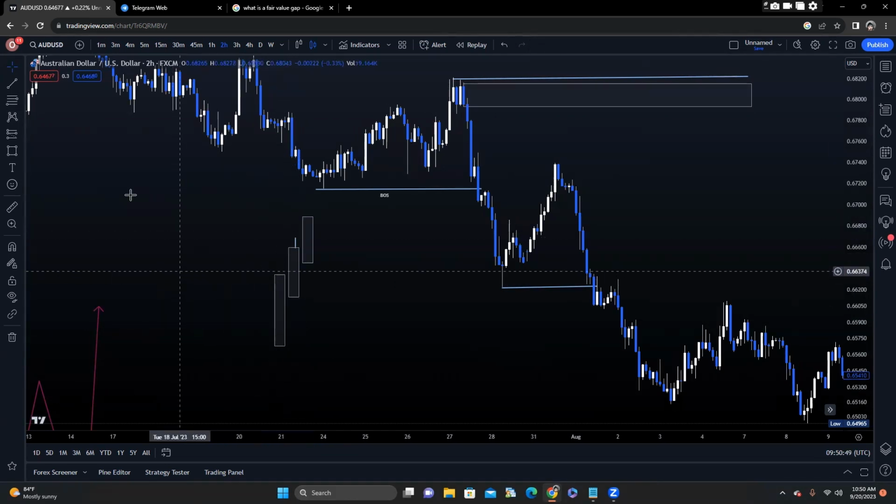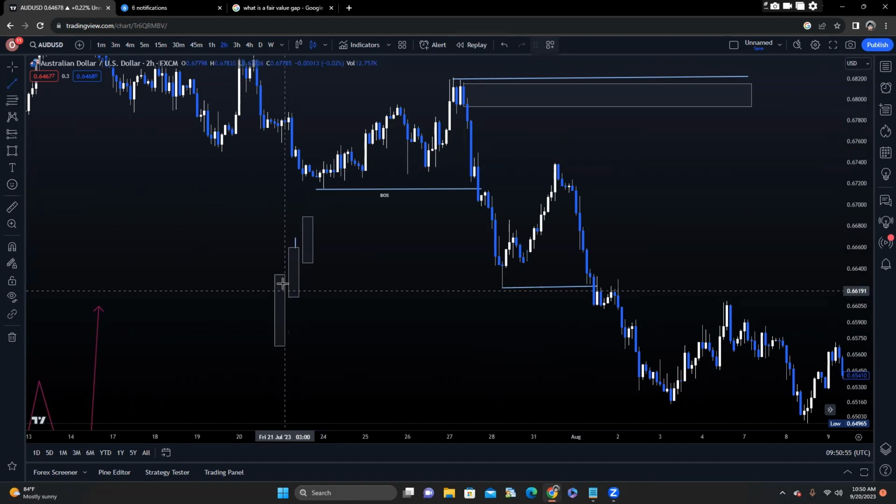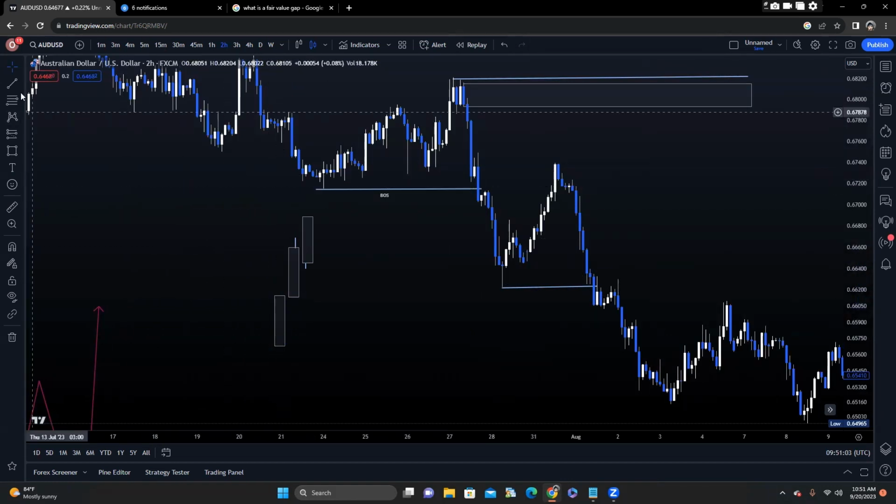We have our wick like this, and you know, let's take this one down. Okay. Good. Now, these are three consecutive candlesticks, right?